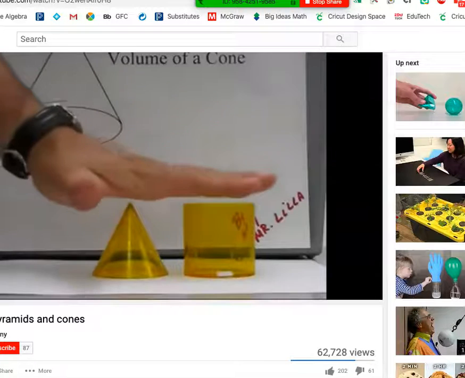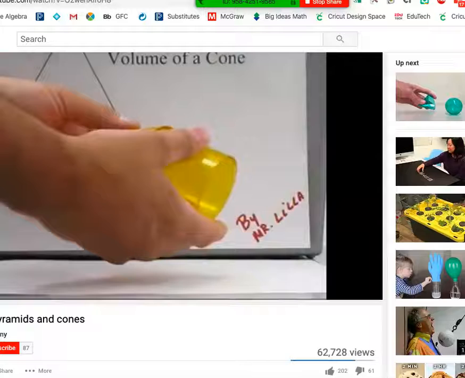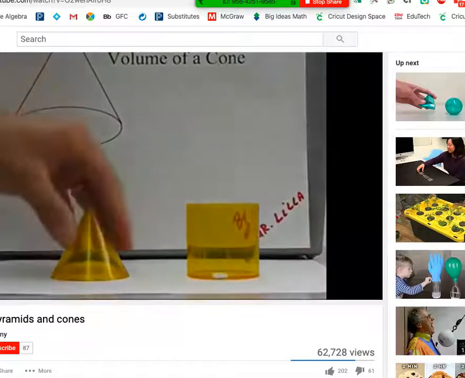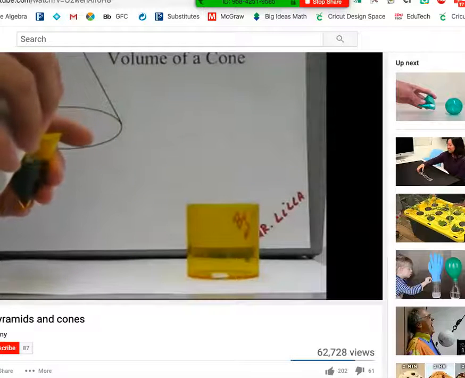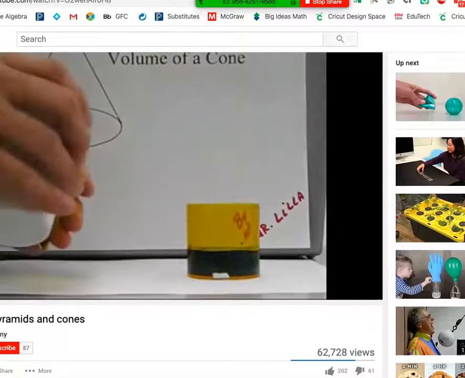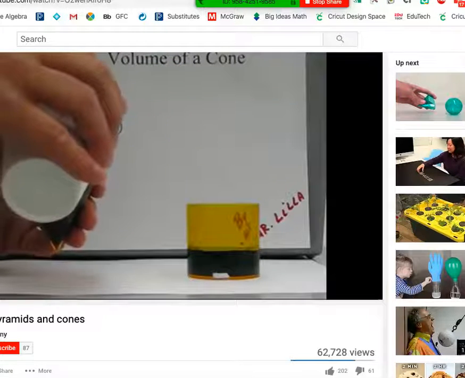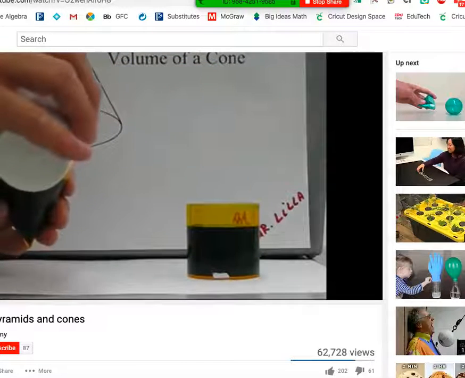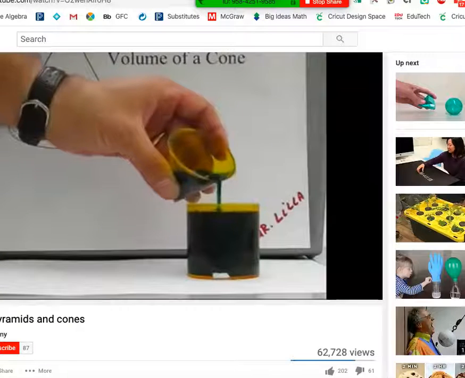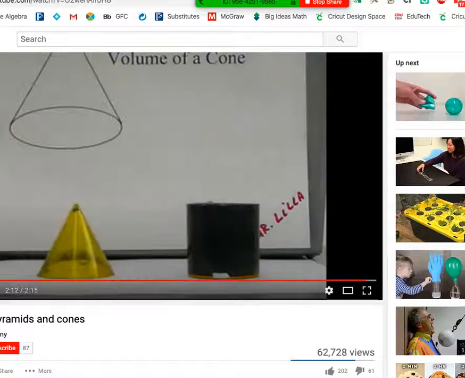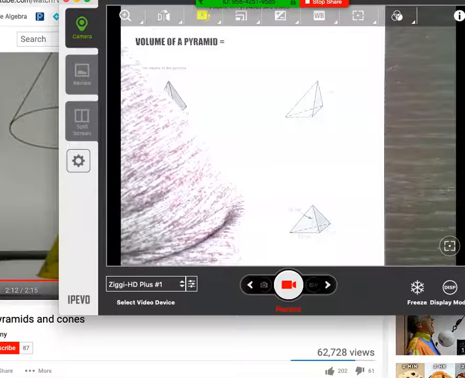So they're the same height and have the same base, so the circles are the same. Here we go. There's 1. 2, 3.